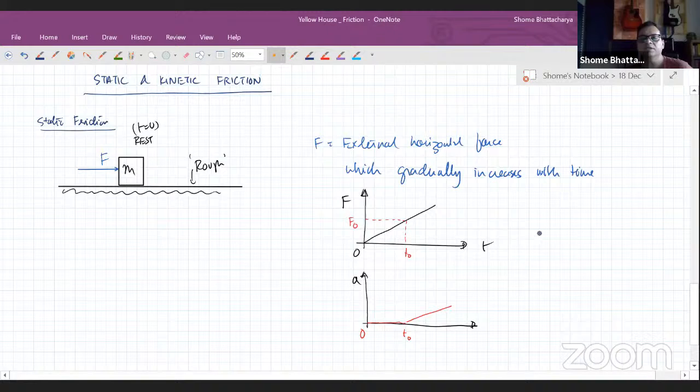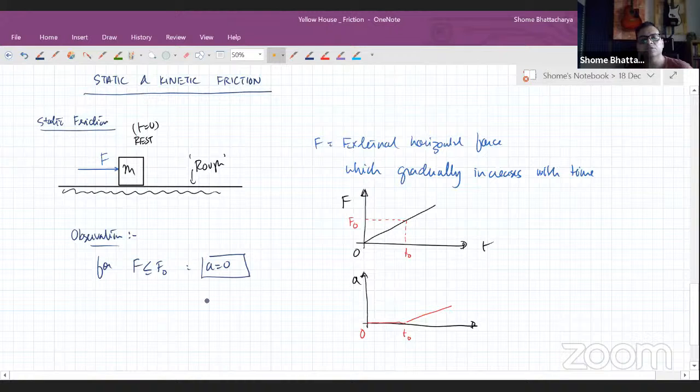So interpreting these two, we see that as I'm gradually increasing the force, till the force reaches a certain value F naught, there is no acceleration. So the observation here is that for the magnitude of force being less than or equal to F naught, the acceleration of the block is 0.